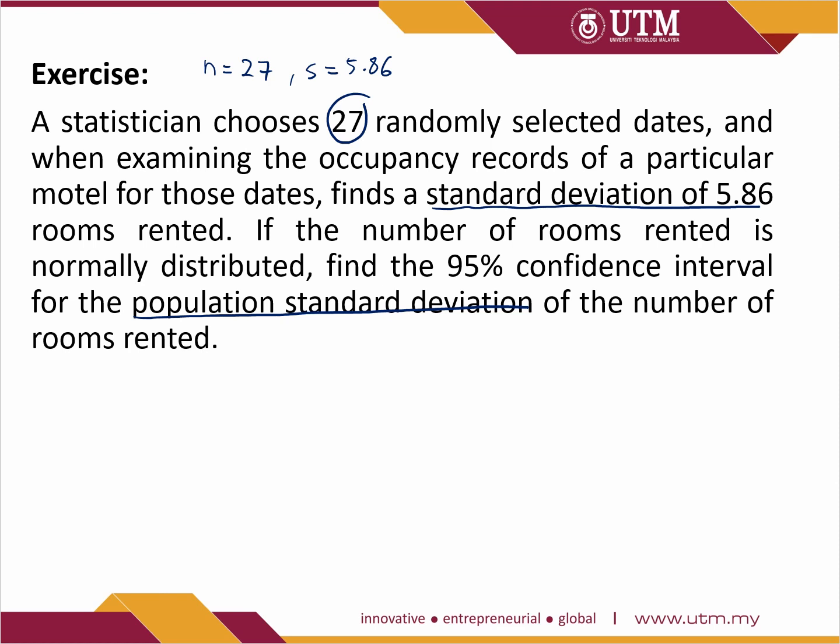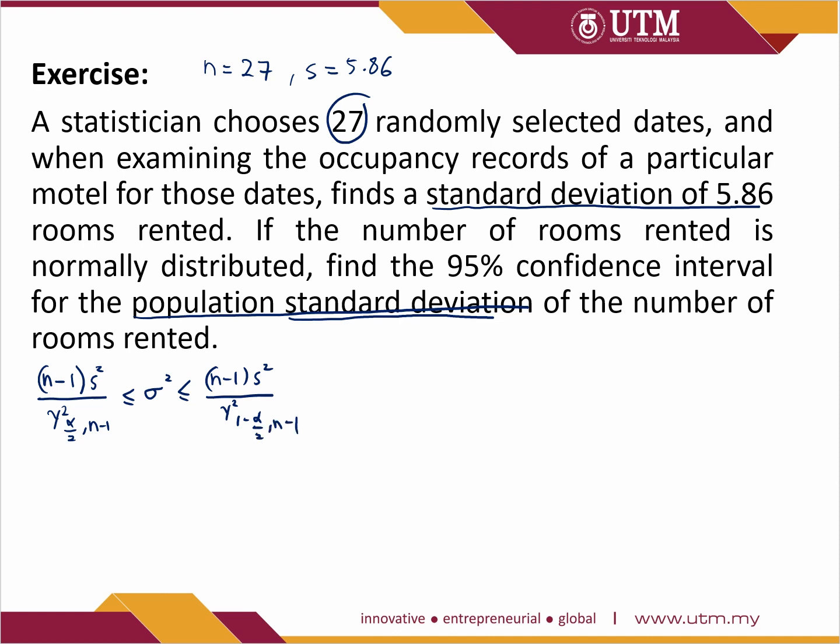Using the formula that we have, the confidence interval for the population variance is: (n minus 1) times the sample variance s squared, divided by chi-square alpha over 2, n minus 1, less than sigma squared, less than (n minus 1) times the sample variance divided by chi-square 1 minus alpha over 2, n minus 1.